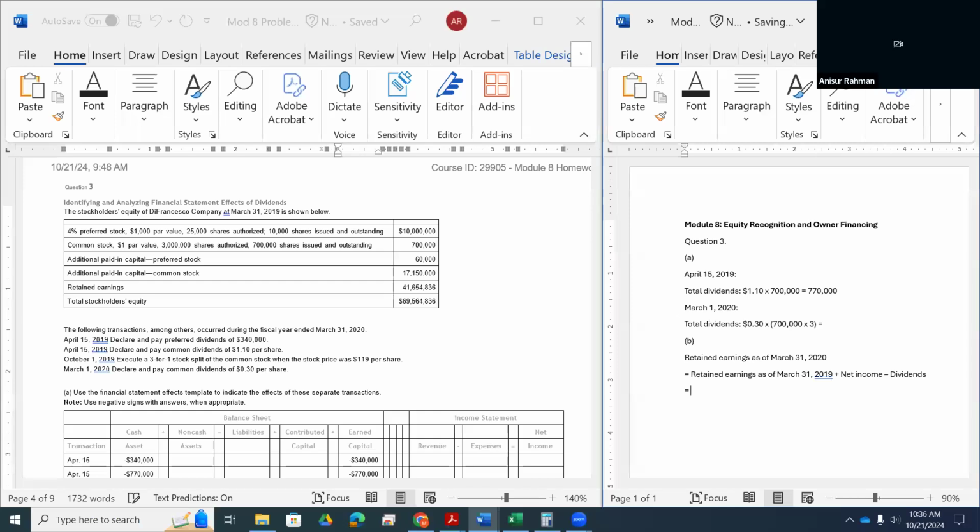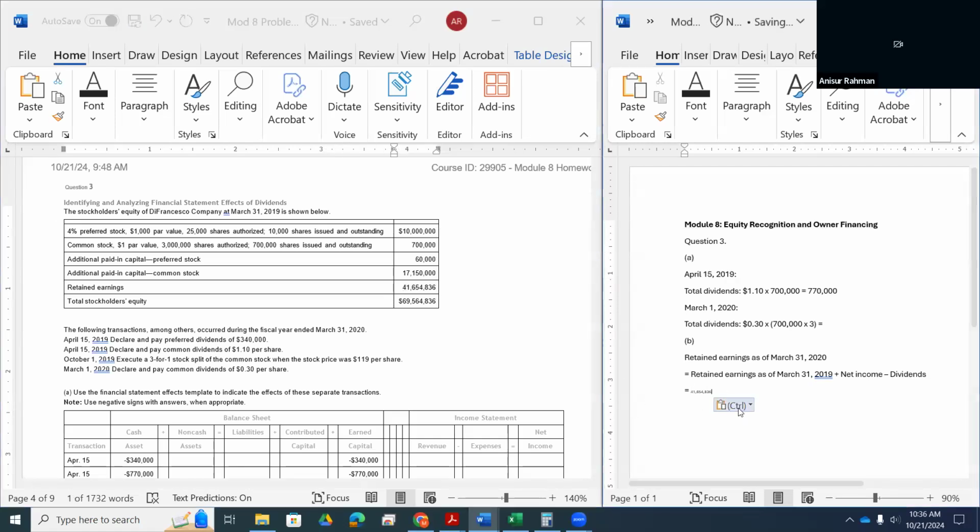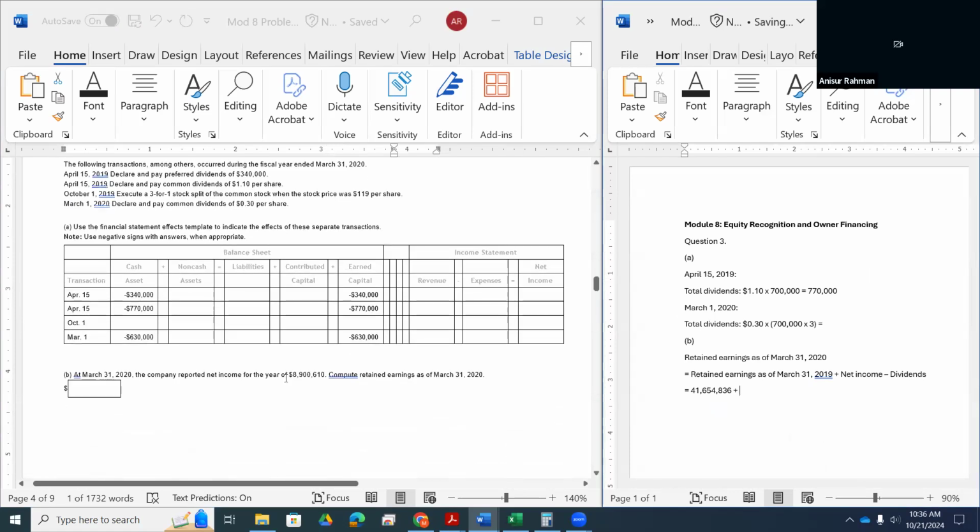Our retained earnings as of March 31, 2019 were this number, and our net income is this number.